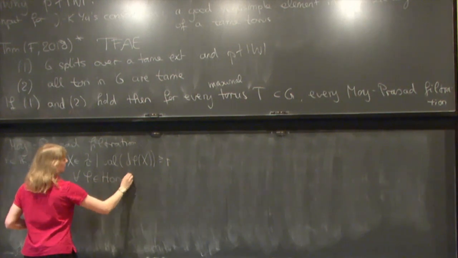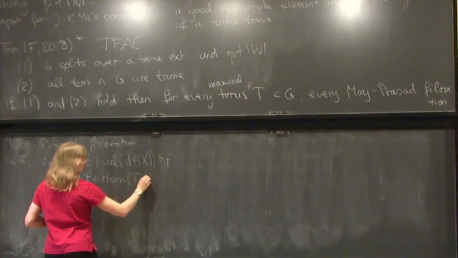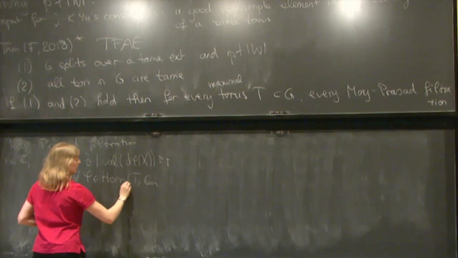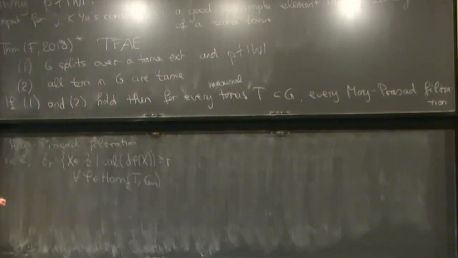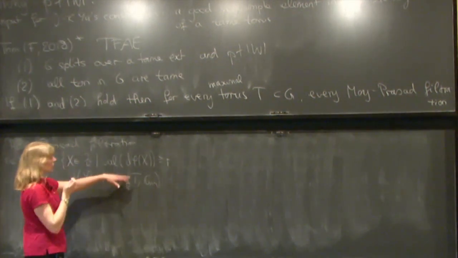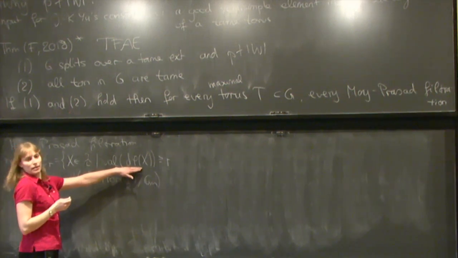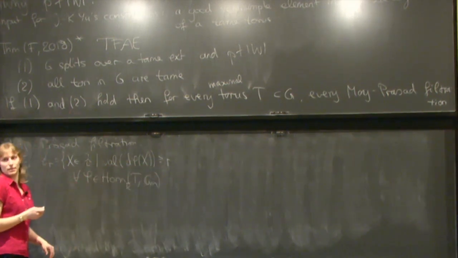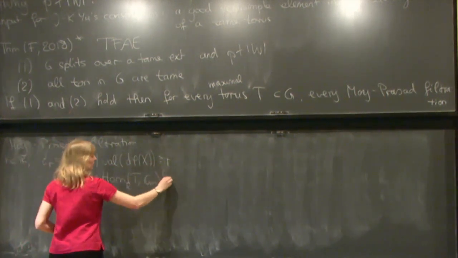And d phi is the Lie algebra version of it over k bar. So you take all the characters of the torus, look at the valuation, and it should be greater or equal to R. That's the R-th filtration subgroup.